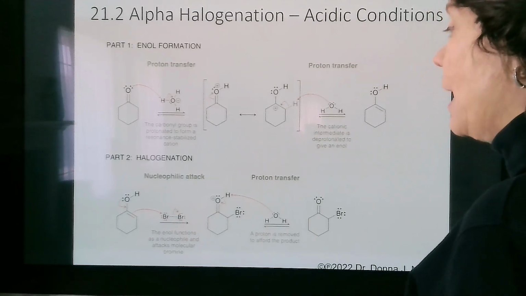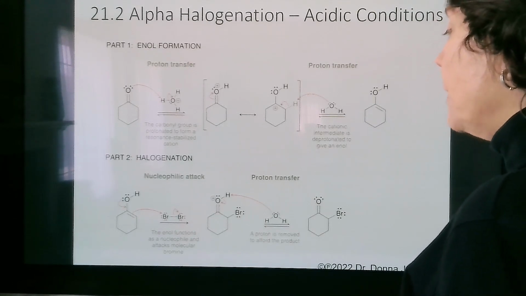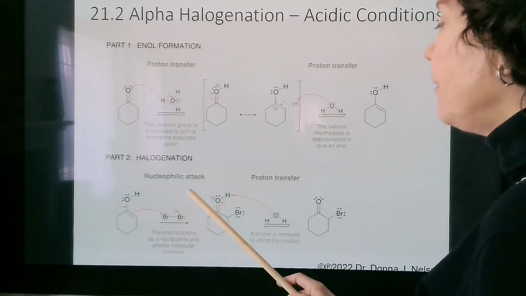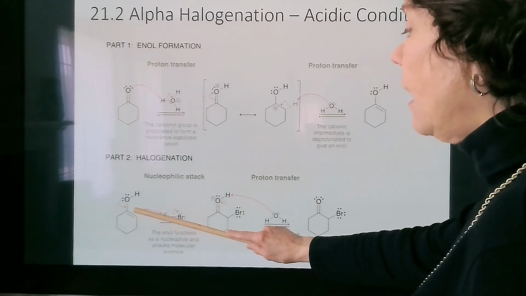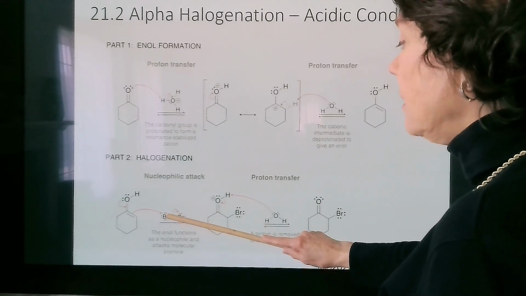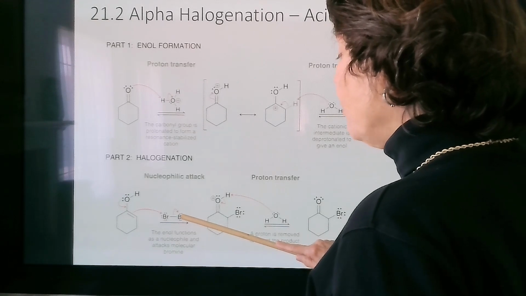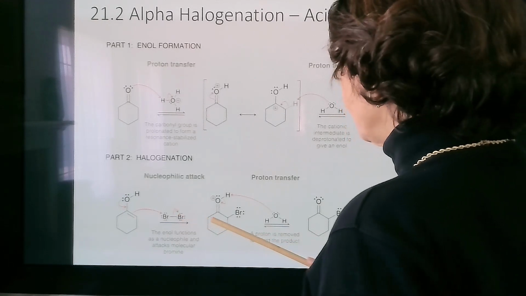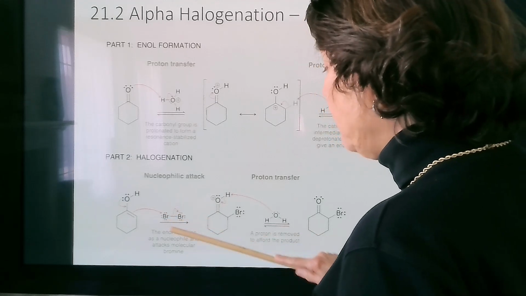The next step is the actual attack on the electrophile. In this case, it's molecular bromine. The pair of electrons in the double bond attacks one end of the bromine molecule. The other bromine atom departs, taking with it the pair of electrons in the bromine-bromine bond.